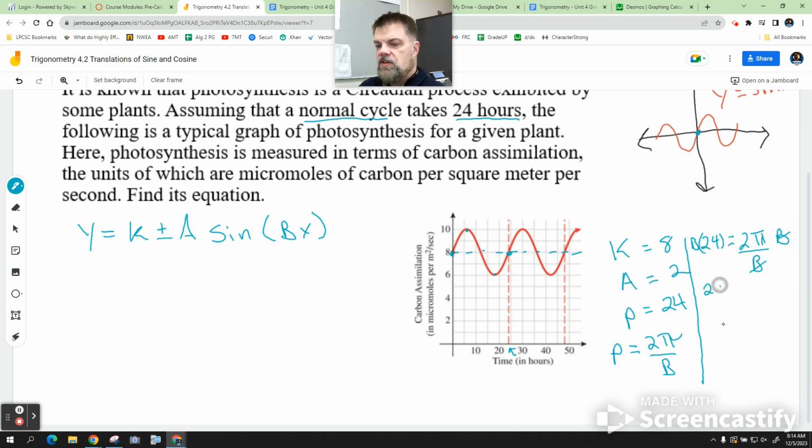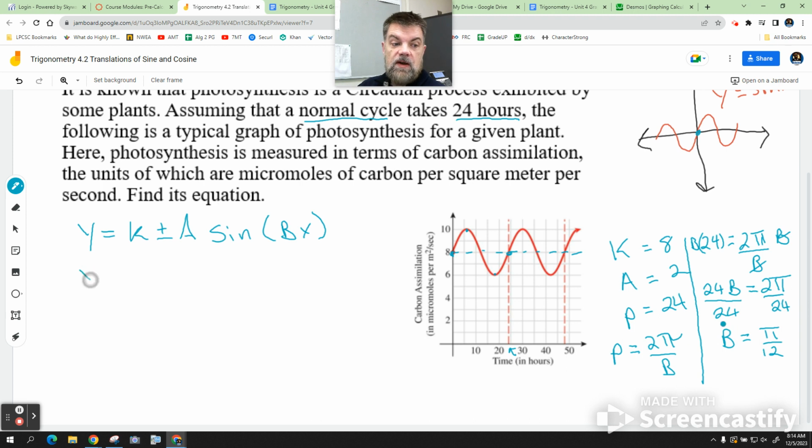So I've got 24b equals 2 pi. Divide both sides by 24. And I get b is equal to pi over 12, right? 2 over 24 reduces down to 1 over 12. And that's it. We're done.